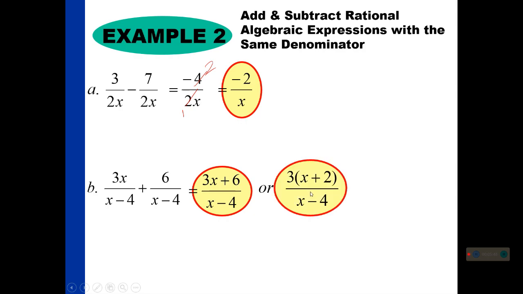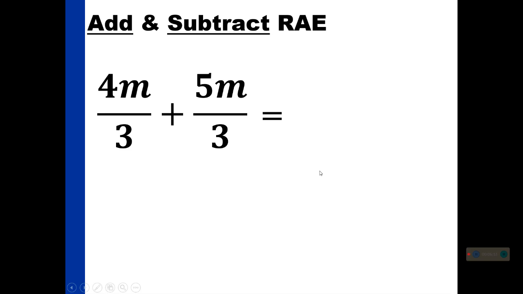Both answers are acceptable, but you have to check, for example, if your quiz is multiple choice, so look for either of these two answers. But if you are going to express your answer in simplest form, your answer should be 3 times x plus 2 over x minus 4. Any question?